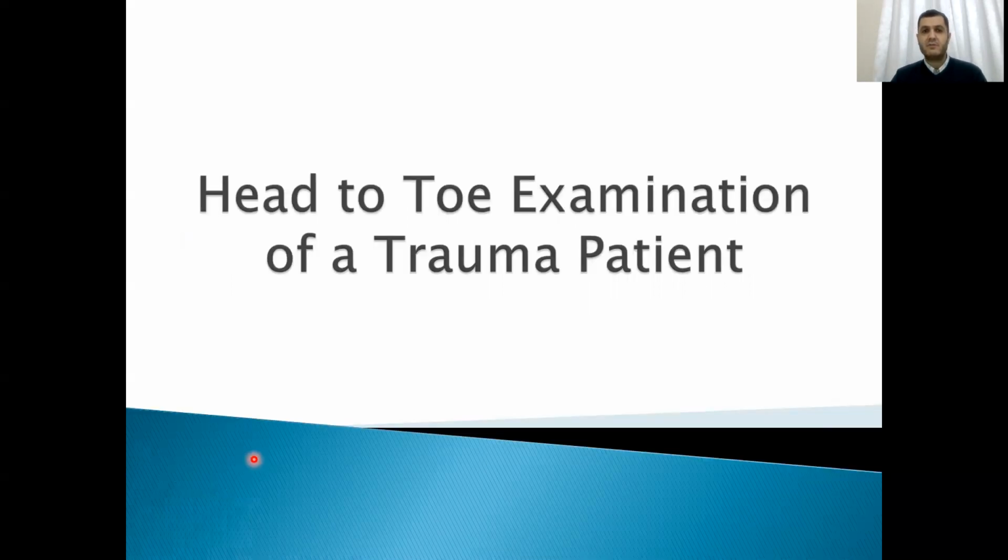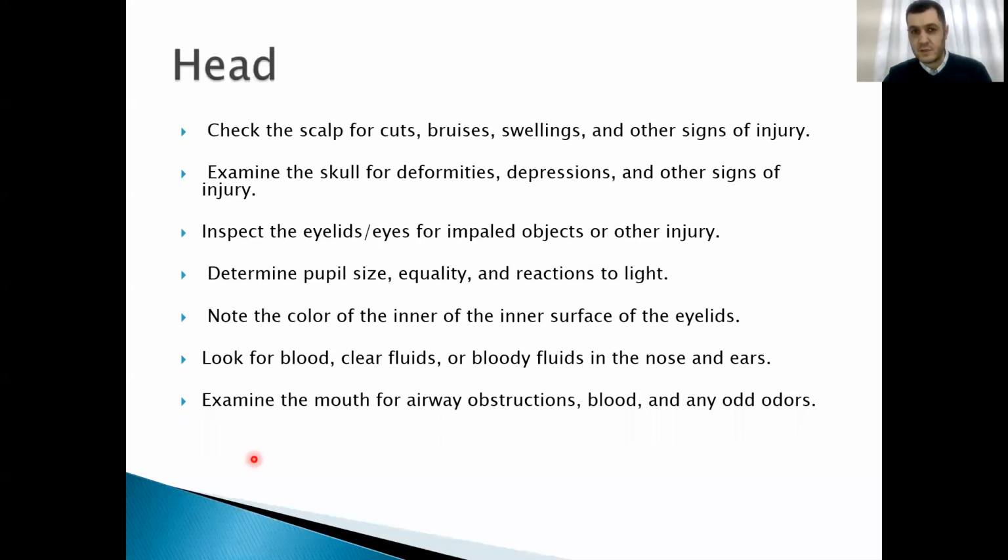Okay, so we have time to deal with the patient. After we took the history, we go to the physical examination. That's how we do a head-to-toe examination of a trauma patient. In the head, you are looking for any wounds in the scalp and deformities in the skull.